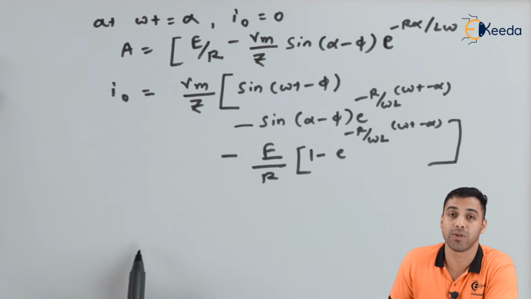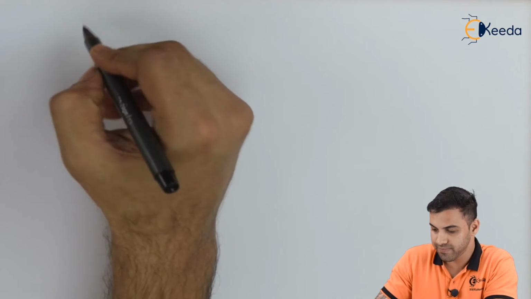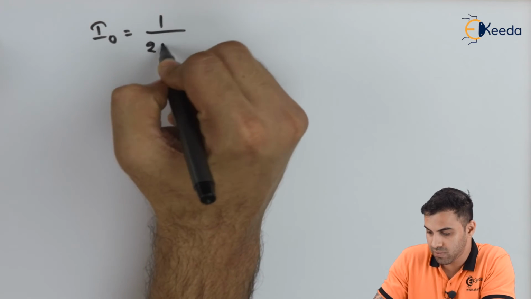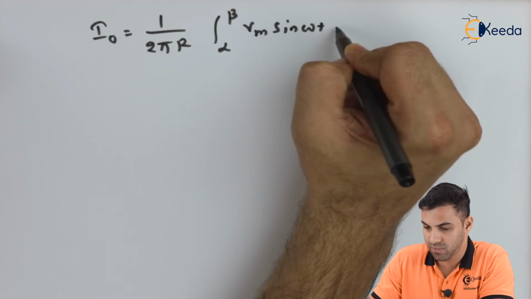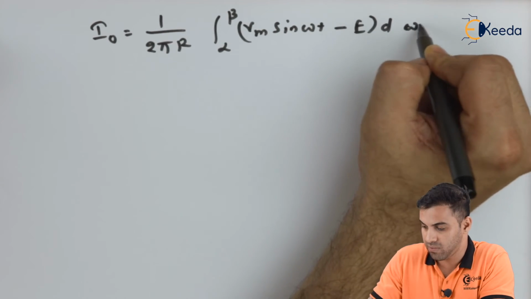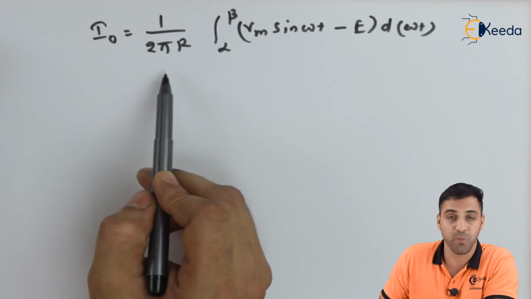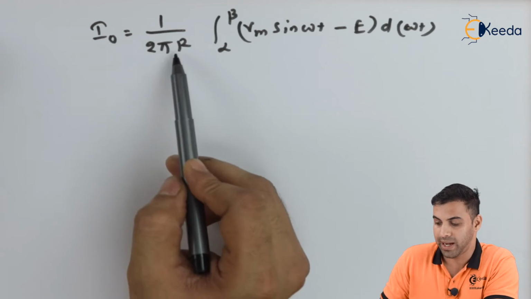Now let's talk about the output voltage, friends. Before we talk about the output voltage, let's find the average value of the output current. The average value of the output current is given by I naught is equal to 1 by 2 pi R, where R is the resistance.